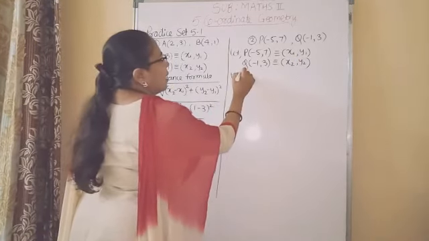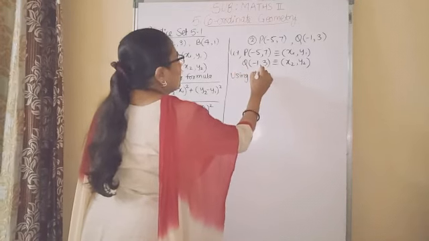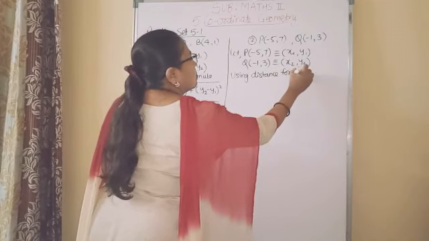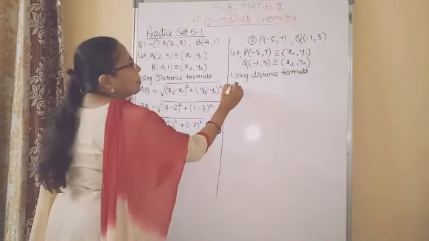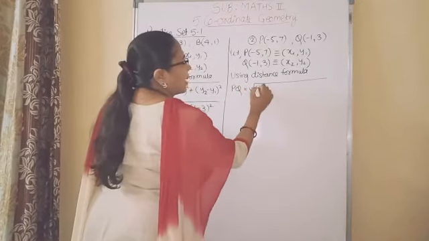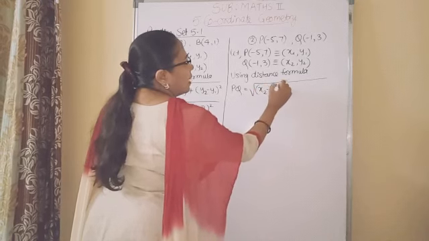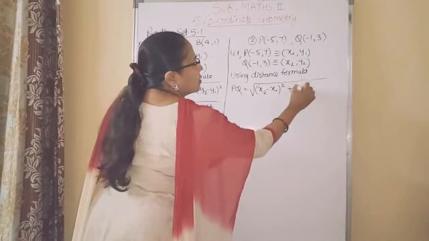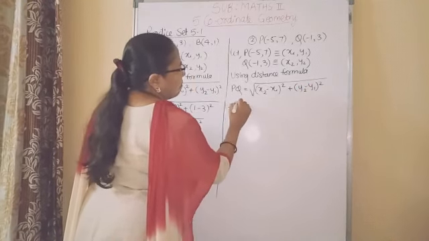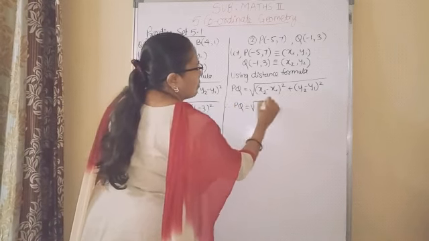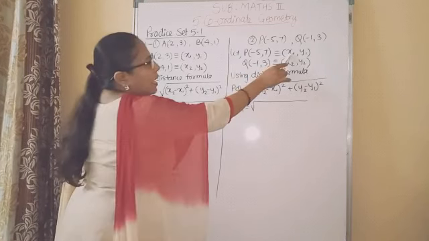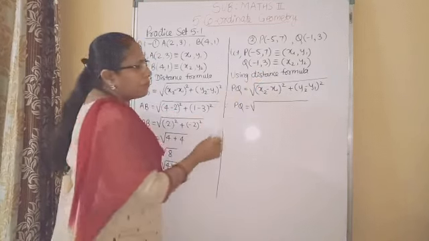Using the distance formula, PQ is equal to the square root of (x2 minus x1) whole square plus (y2 minus y1) whole square. Therefore, PQ is equal to, now here x2 is equal to minus 1 and x1 is equal to minus 5.